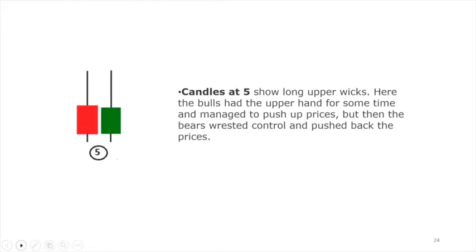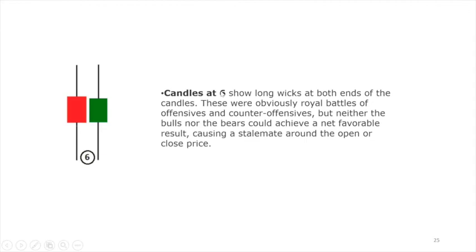Okay, candlestick number 5, you can see both sides. This is the confusion state, it can be a guess, can be dodgy, because the upper shadow and the lower shadow show the same length. Both sides fought in this candle, obviously a royal battle. We call it a royal battle.